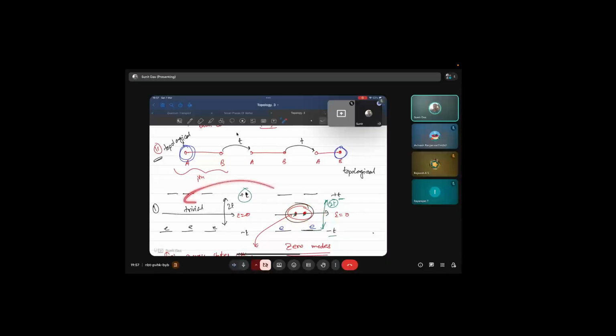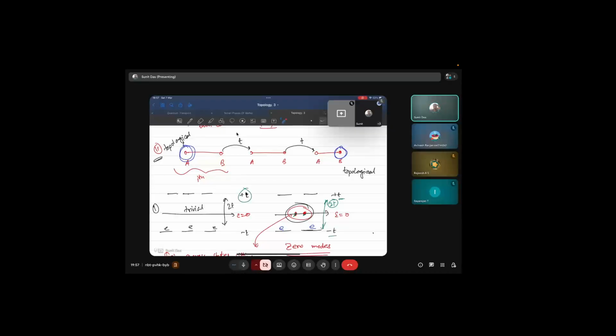So the energy spectrum also does not look the same, right? Once you go to the finite chain limit. So that's the first difference between periodic and finite chain limit for the topological and trivial cases.